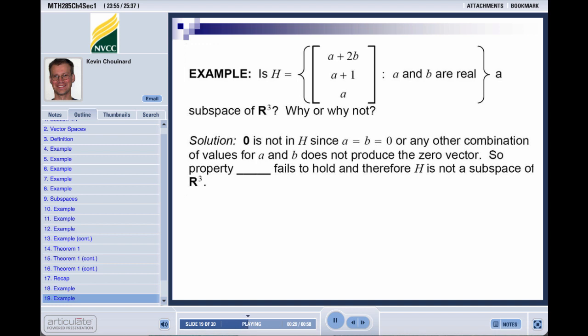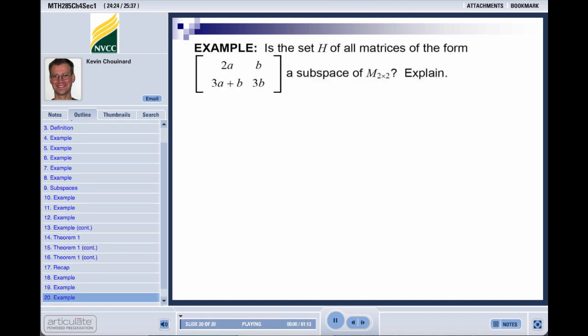Again, looking at the second and third components here, A plus 1 and A, they can't simultaneously be 0. If A plus 1 is 0, then A isn't. If A is 0, then A plus 1 isn't. So there's no way to get a zero vector here, and if you don't have a zero vector, you don't have a subspace, and therefore you don't have a vector space. So property A of subspaces fails, and so this is not a subspace.